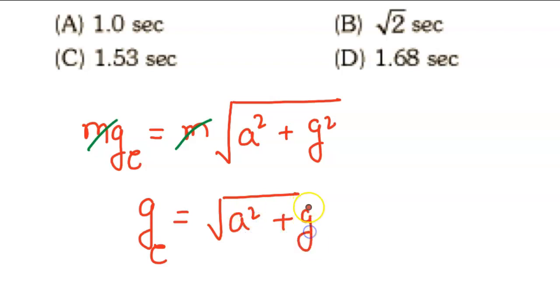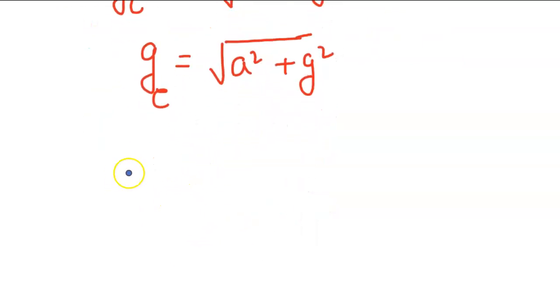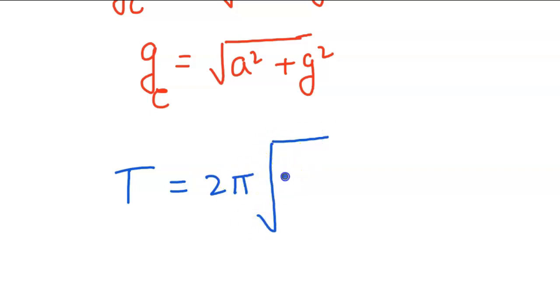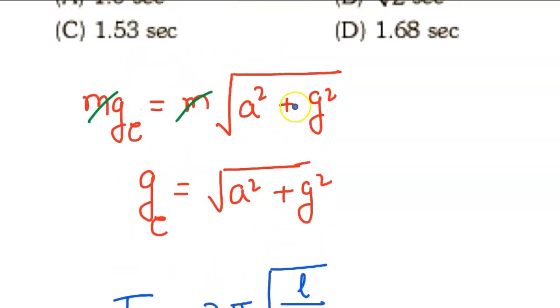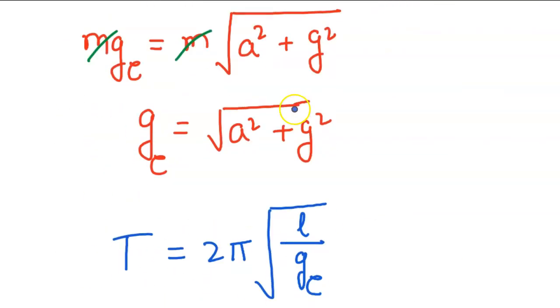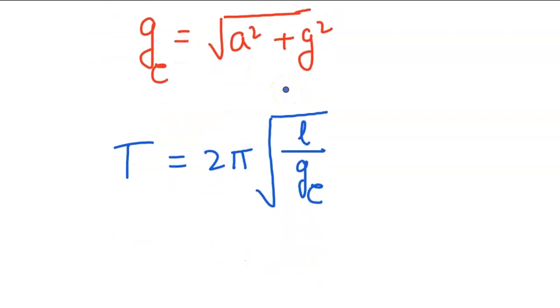Now in this situation, the formula for time period will be T is equal to 2 pi under root L upon g effective. So if you understood this strategy, then try to solve this, and if you feel any difficulty, then see the further solution.